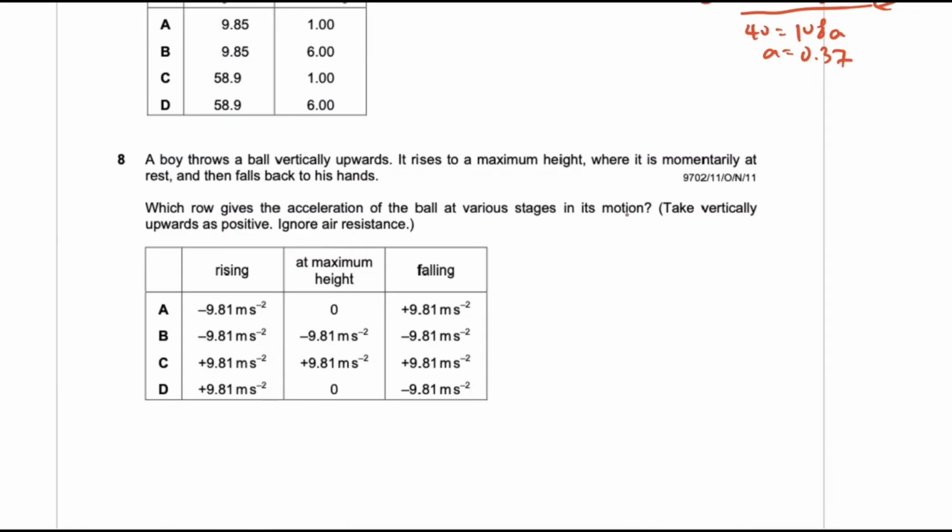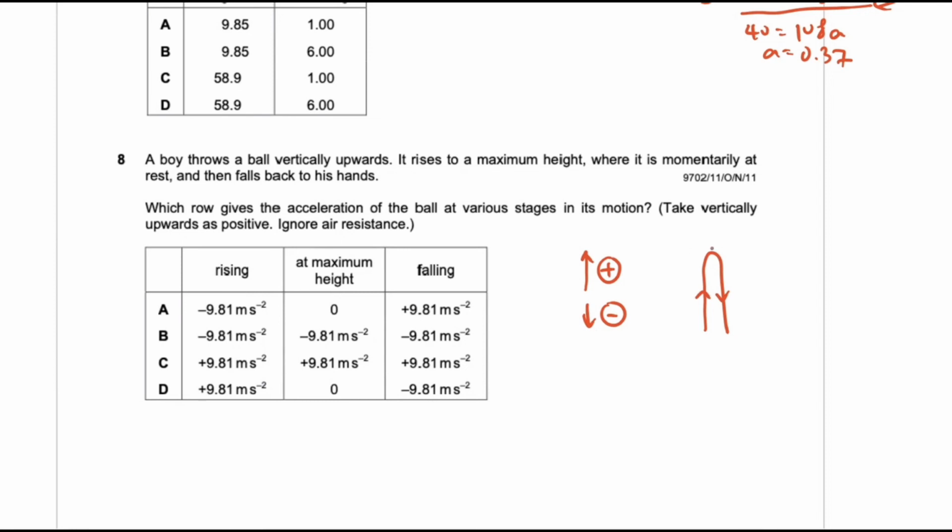Take vertical upward as positive. That means down is negative. Okay, so what is the acceleration of the ball at various stages in its motion? You throw the ball vertically upwards and then it falls down.